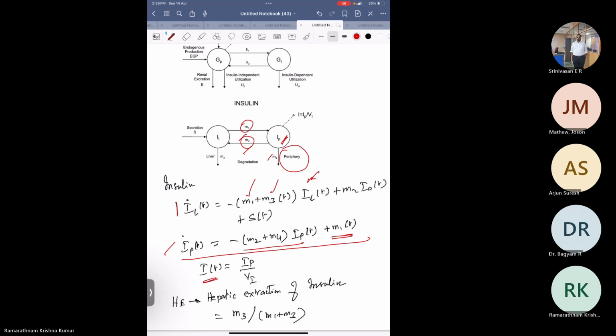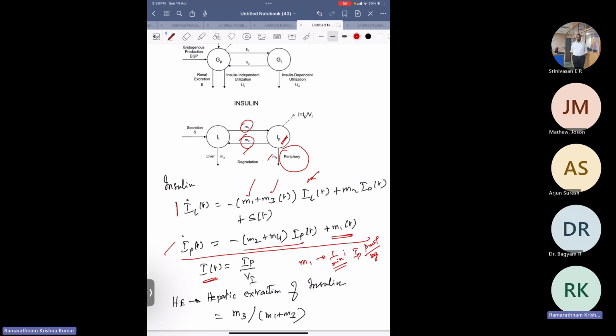Okay, so please note that everything depends upon the unit. Everything depends upon what is the unit. So M1 is 1 per minute. This is the unit. IP, insulin in plasma, is P mole per kg.